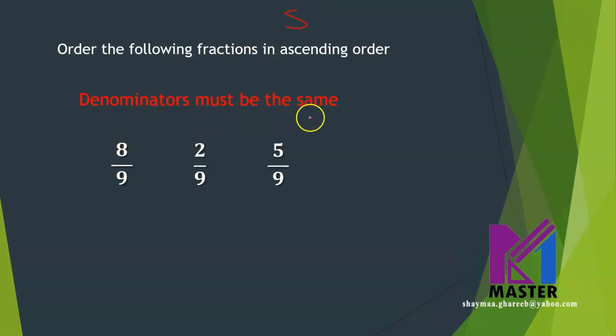We said denominators must be the same. They are already the same, so I will order directly. The smallest fraction here is the fraction with the smallest numerator, which is 2 over 9. So I will write 2 over 9 first, then 5 over 9, then 8 over 9.